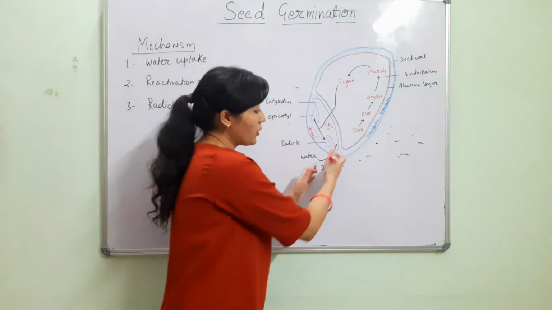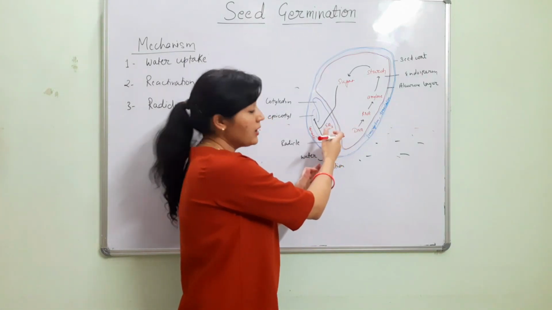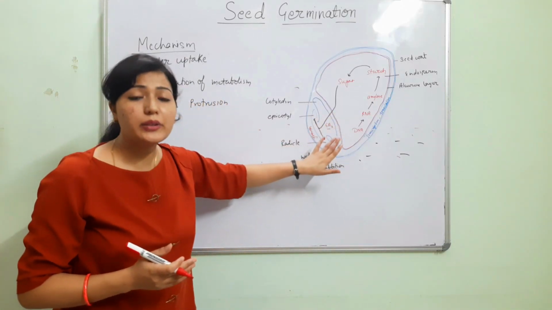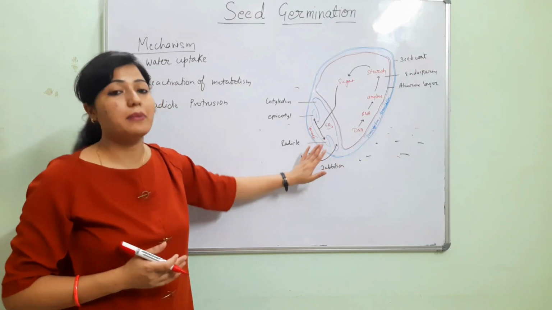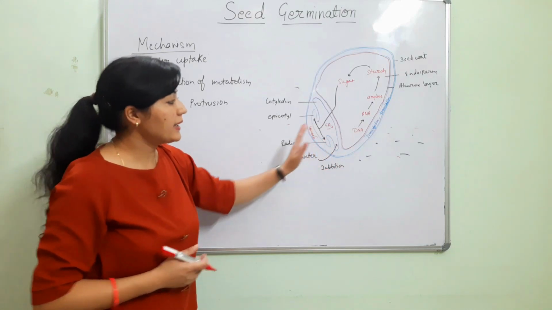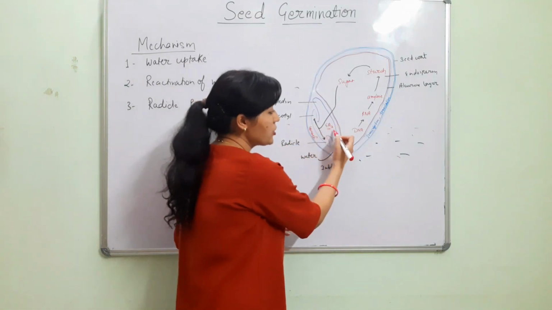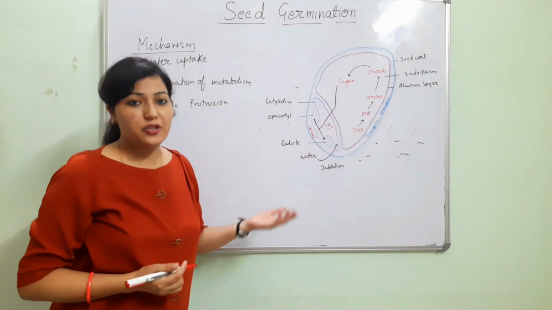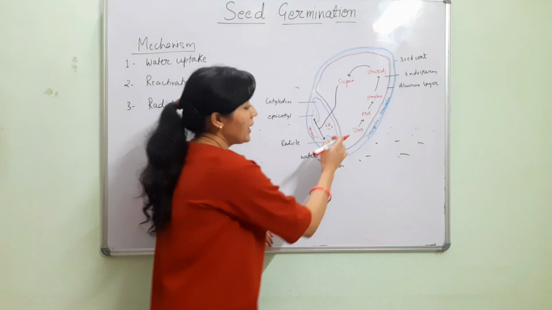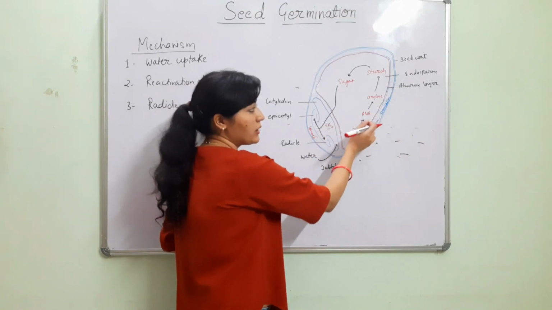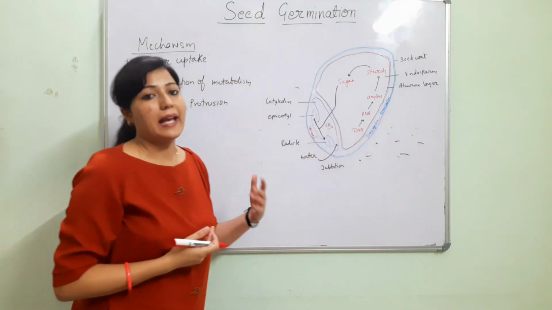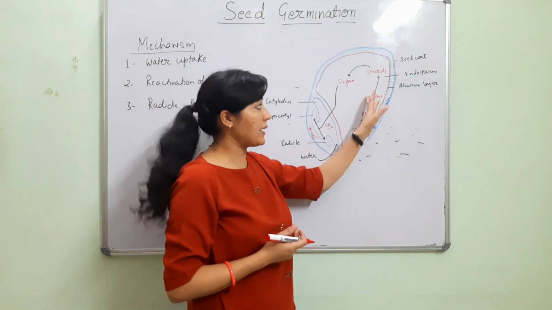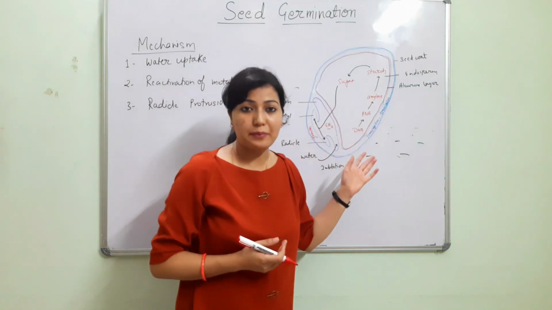When water starts to enter the cell, this gibberellic acid is diluted in the water and the cell becomes hydrated. Then this gibberellic acid reaches the aleurone layer where it activates some genes. Then transcription and translation take place, which finally synthesize some enzymes like amylase, protease, lipase.